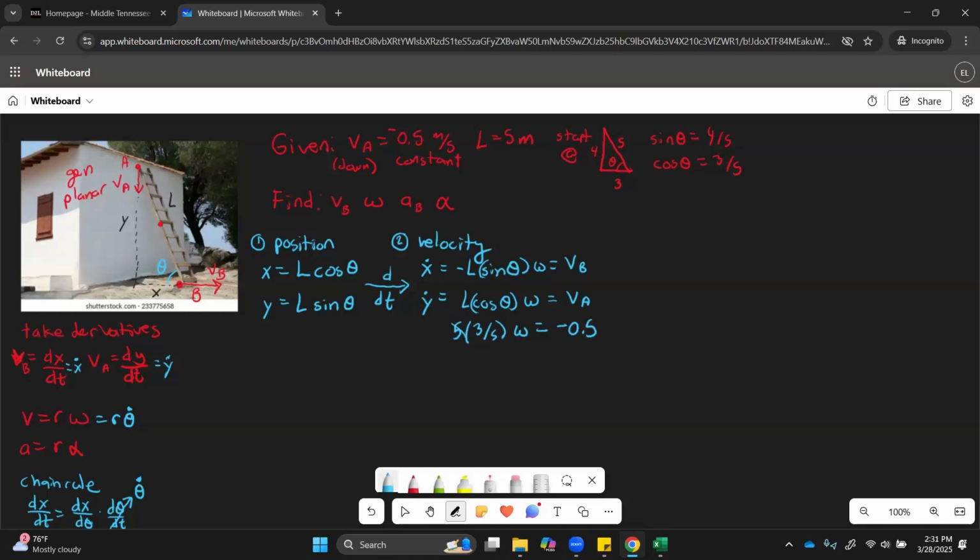So now this cancels. Omega equals negative 0.5, which is really 1/2, divided by 3. So omega equals 1/6 radians per second. And this is negative.